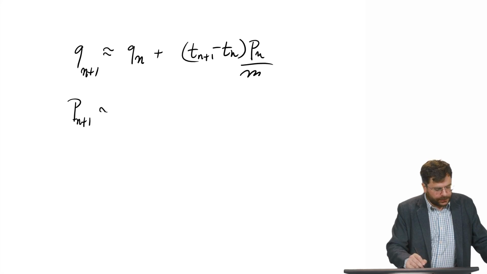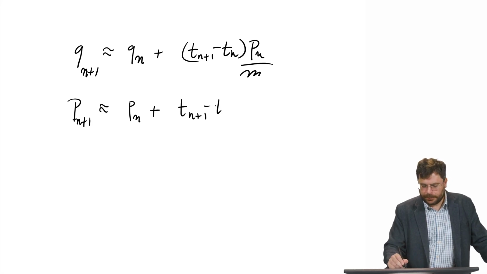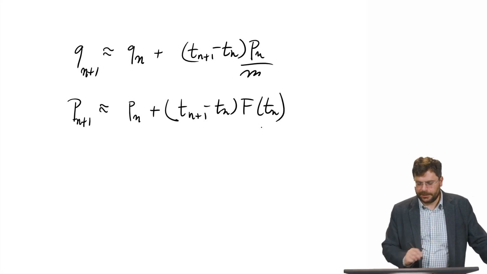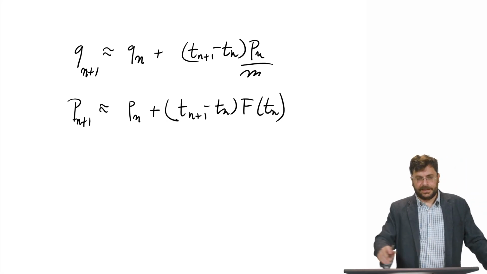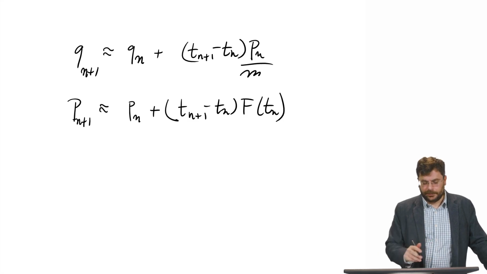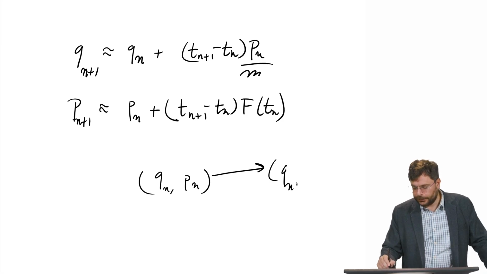And Pn plus 1 is approximately equal to Pn plus Tn plus 1 minus Tn times f of Tn. Now, this dictates the transition probability from my state Qn, Pn to the state that I evolved to, Qn plus 1, Pn plus 1.